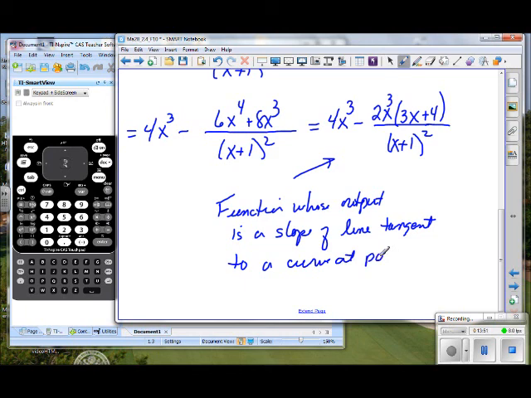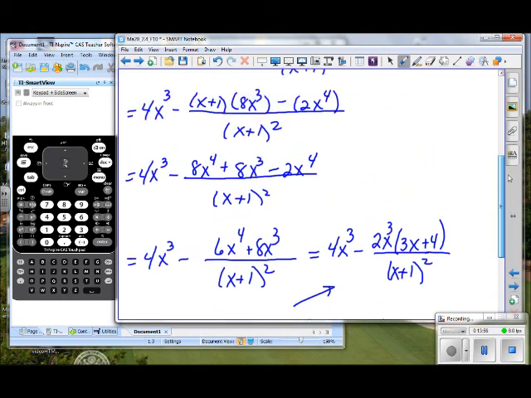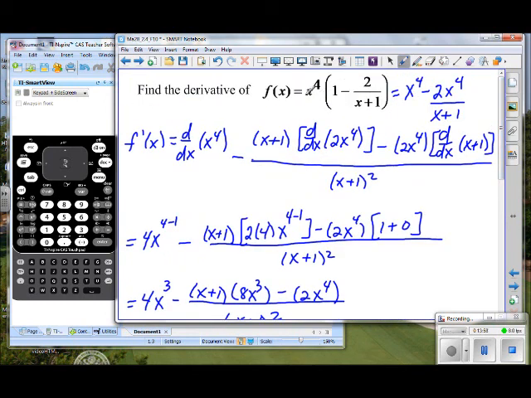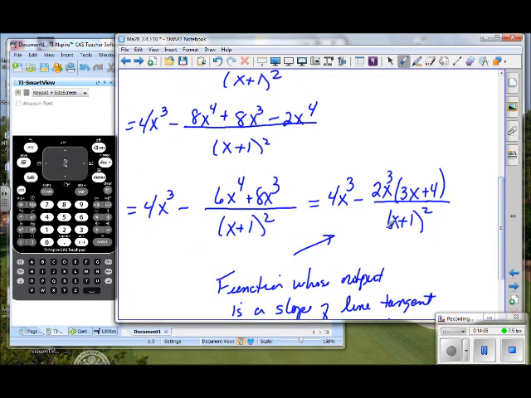We don't know which point it is, but to a point. How can we check our work? Again, we can put this into the Inspire, find the derivative using our derivative functions in the derivative, and then set it equal to this. If we get the word true, we know we've got it.